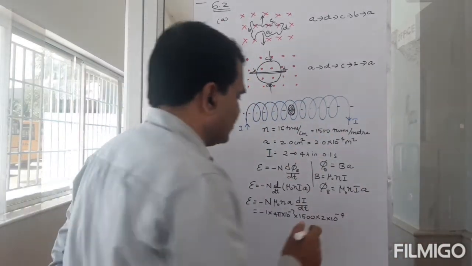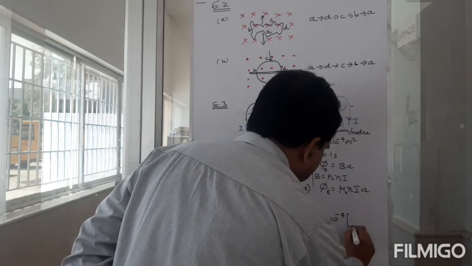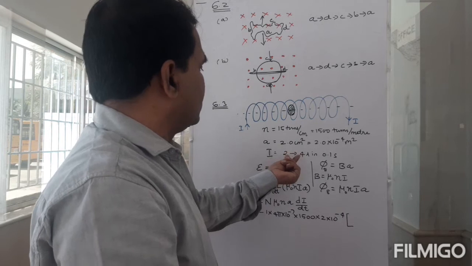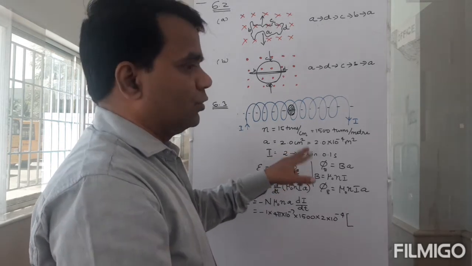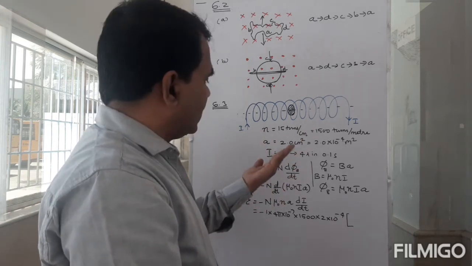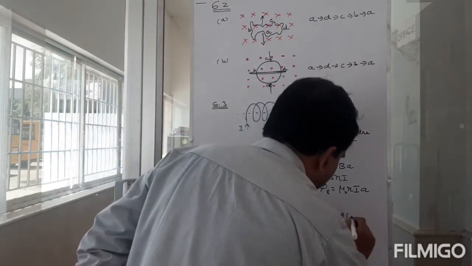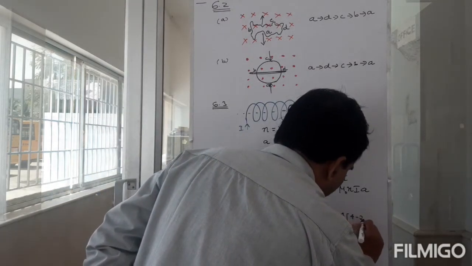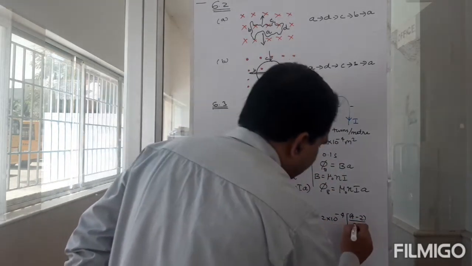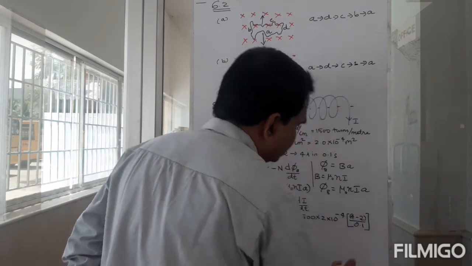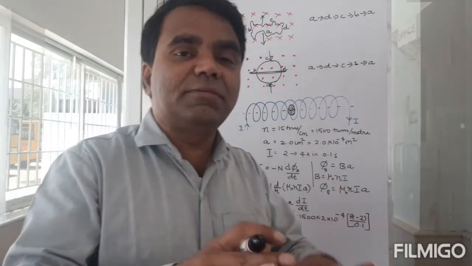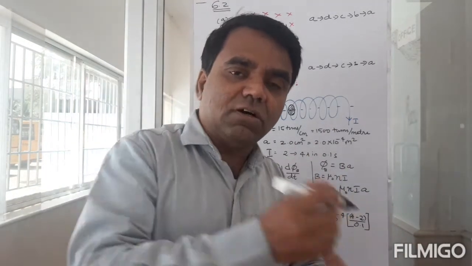So how do you find dI by dt? dI by dt is delta I by delta t because it's constantly changing. So you are going from 2 to 4. The final is 4, initial is 2, so 4 minus 2 amperes, and the time you take to do it is 0.1 seconds. dI by dt is equal to delta I by delta t because it is changing at a constant rate.